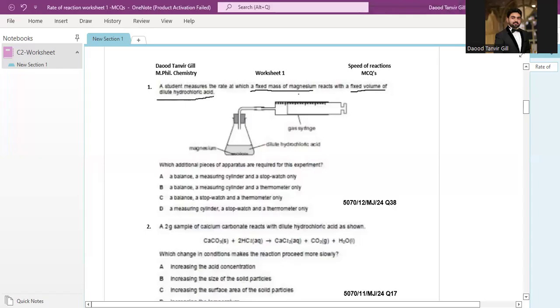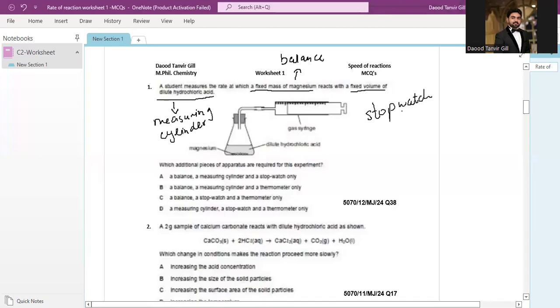For this, we will be needing a balance, and for a fixed volume of dilute hydrochloric acid, we will be needing a measuring cylinder. So what we are left with then is a stopwatch. So we need these three things additionally.